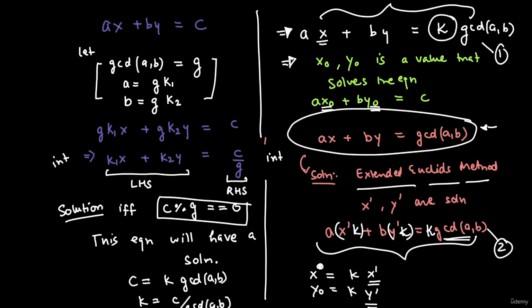So we know the value k, we know the solutions x dash and y dash, and hence we know the value of x naught and y naught that satisfy the original equation, okay? So this is how we can derive the solution for this equation using extended Euclid's method.